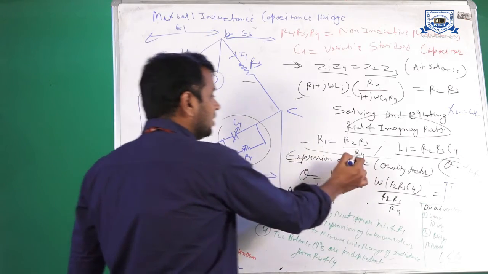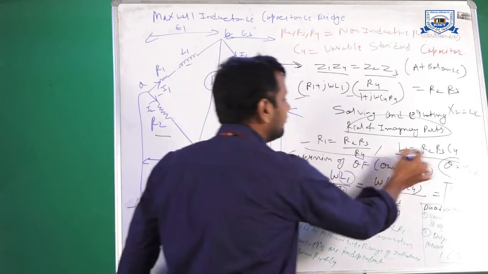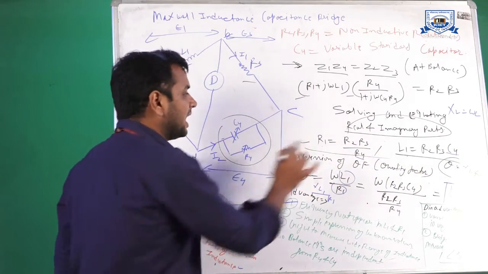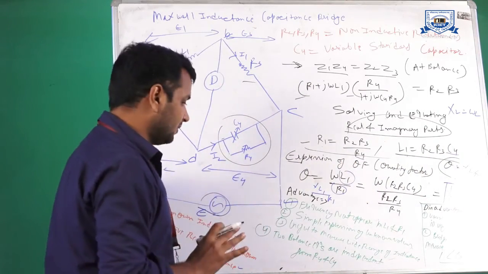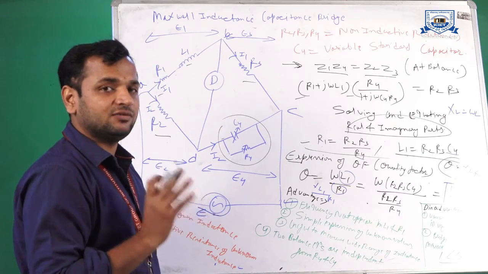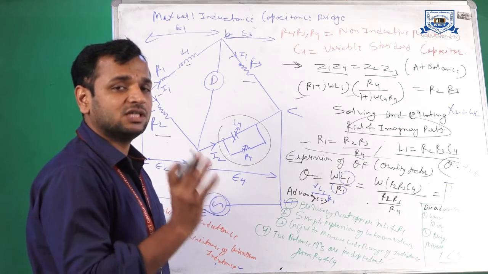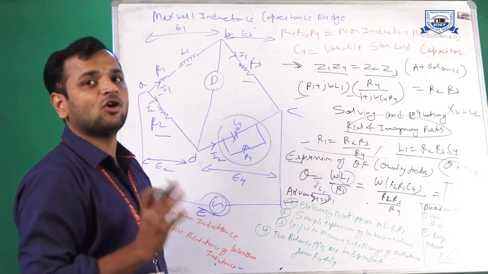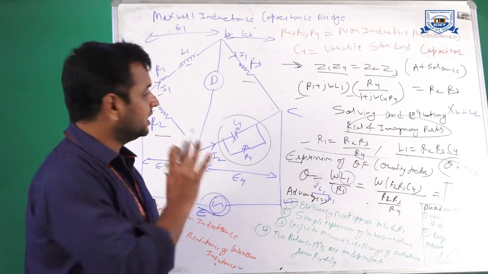In R1 only R4 is there, and in L1 only C4 is there, but R4 and C4 are not together. So these two balance equations are independent of R4 and C4.